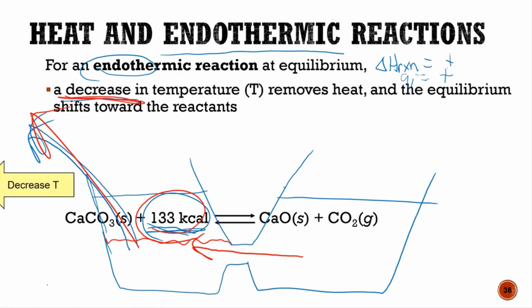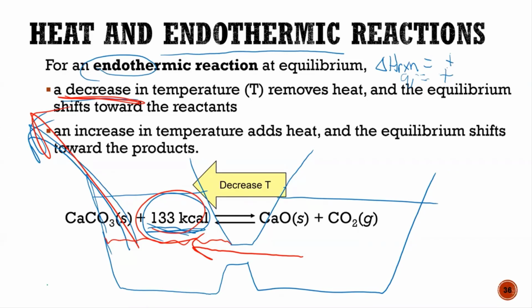Let's say I increase temperature. Well, where's the heat located? It's on the reactant side. So increasing heat is like putting heat into the system. If I add more heat, which reaction is going to be driven, the forward or the reverse?